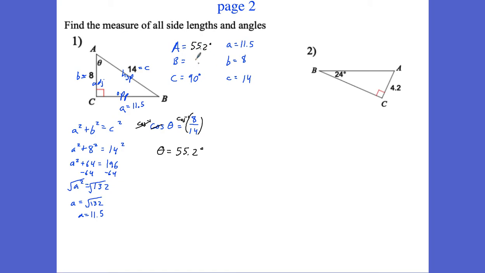Then finally, to find angle B, I could have set up a sine ratio, or any of the ratios from the perspective of angle B, which would have just switched adjacent and opposite. But the easiest way is simply to add together 90 and 55 and subtract that from 180.